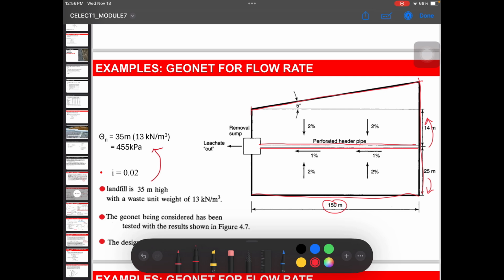you need to get yung capacity ni geonet mo, di ba? Kasi nandun si Q allowable mo. Para makuha si Q allowable, that is by getting yung Q ultimate mo. Saan manggagaling yung Q ultimate? Dun sa capacity ni geonet, yung nasa figure 4.7.